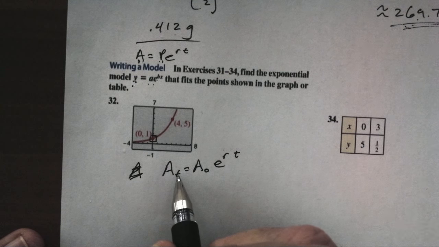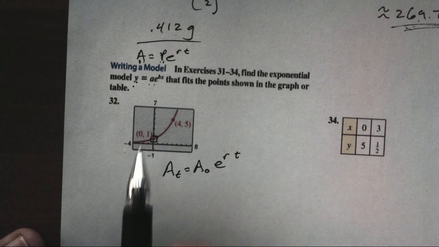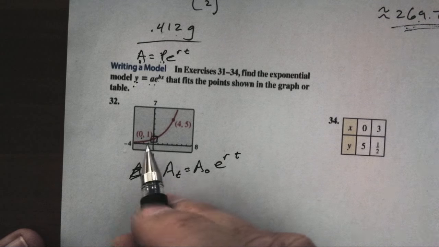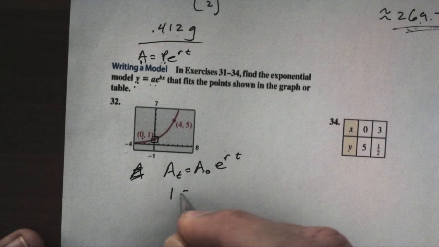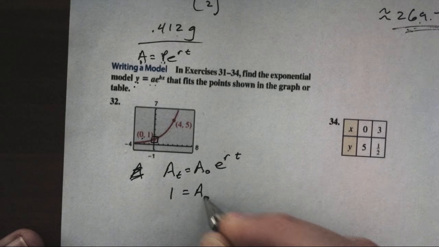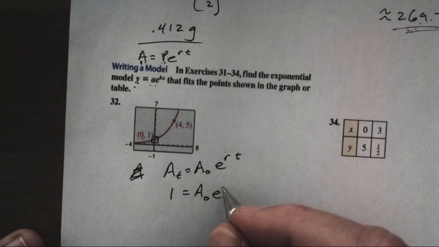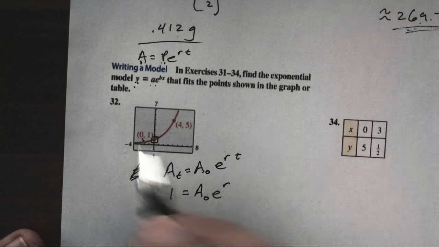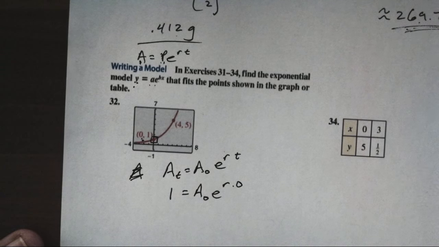So the amount after a certain time, well, after time is 0, the amount we have is 1. So 1 equals A naught e to the R times t is 0. I can put that point in right here.